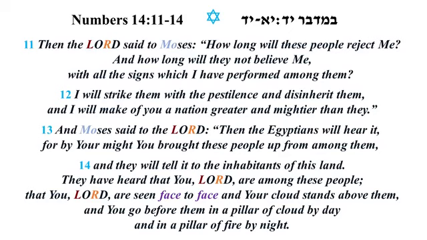And Moses said to Yahweh, then the Egyptians will hear it, for by your might you brought these people up from among them, and they will tell it to the inhabitants of this land. They have heard that you, Yahweh, are among these people, that you, Yahweh, are seen face to face with your cloud, and your cloud stands above them. And you go before them in a pillar of cloud by day and a pillar of fire by night.